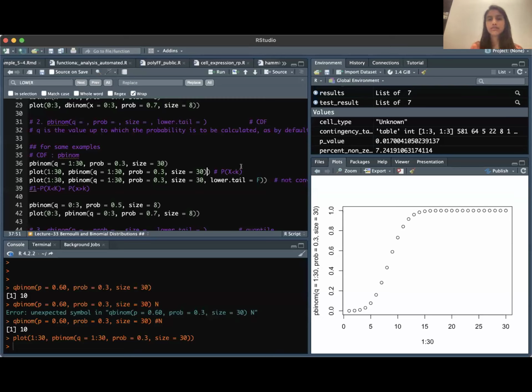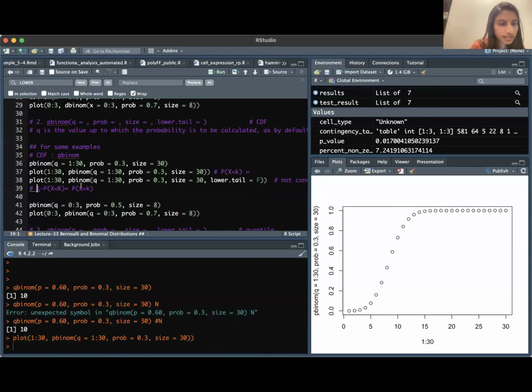When lower tail is equal to TRUE, pbinom calculates the probability for x less than or equal to k. But in some instances, we need the probability greater than k. So when you need that, you specify lower tail is equal to FALSE. Basically what it does is 1 minus P of x less than or equal to k.